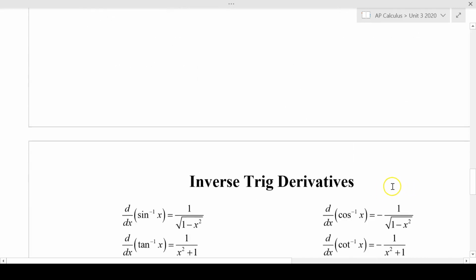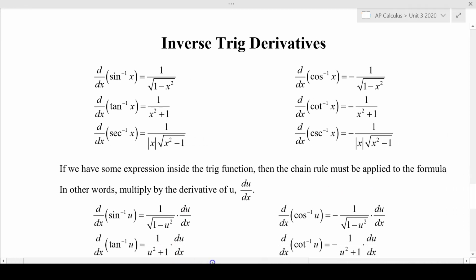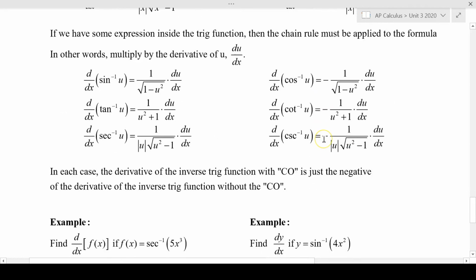Okay, so when you go to the next page, you will be overwhelmed, maybe. Here are the inverse trig functions, and all of these just have an input of x. You can memorize those formulas, but typically we don't have just an x in there. We're typically going to have to apply this chain rule factor to all of this.